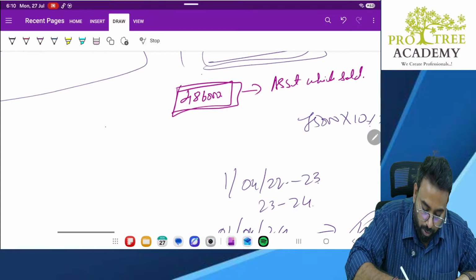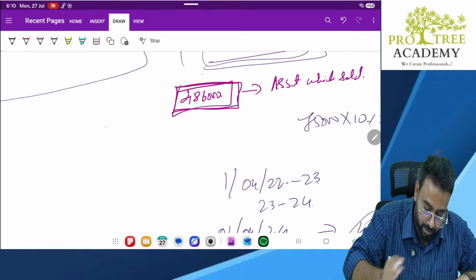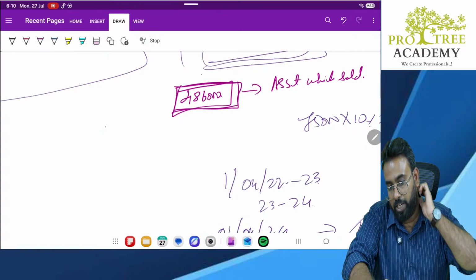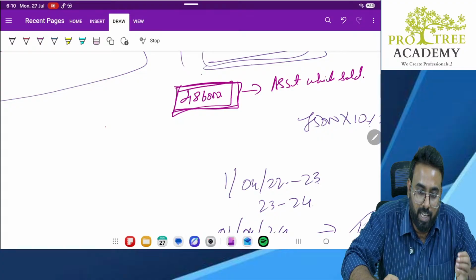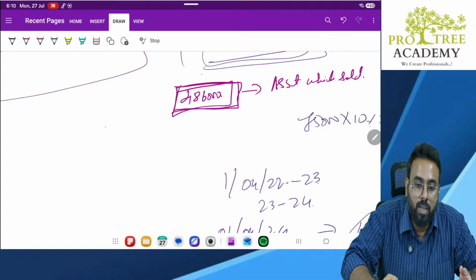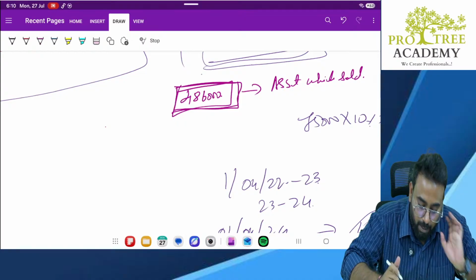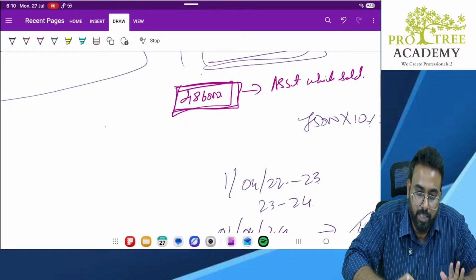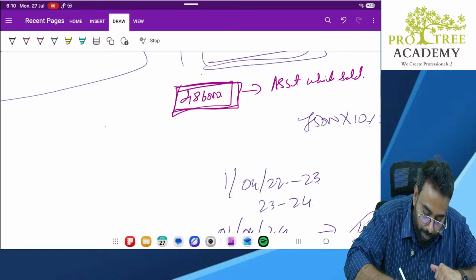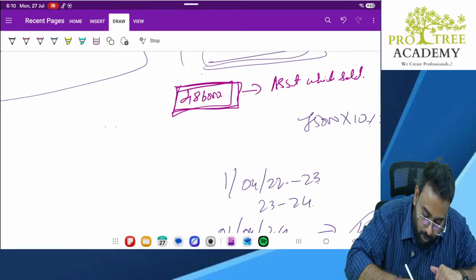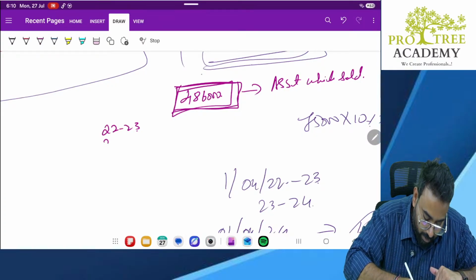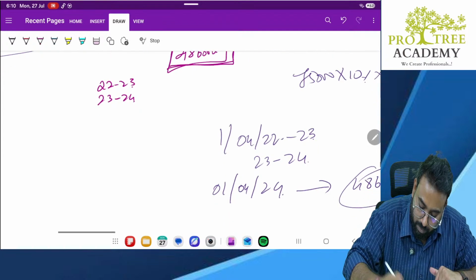correct? So this WDV of 4,86,000 includes both the asset which has already been sold and the asset which continues to be used in our business, correct? So 4,86,000 considers both, right? Now this is after depreciation of 2 years, that is 22-23, then 23-24, correct?